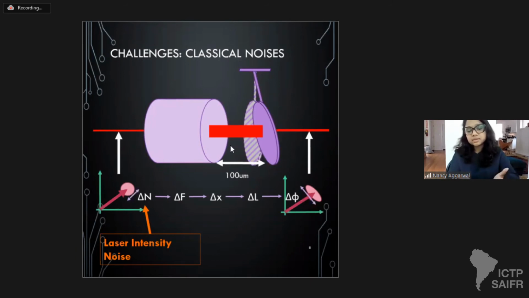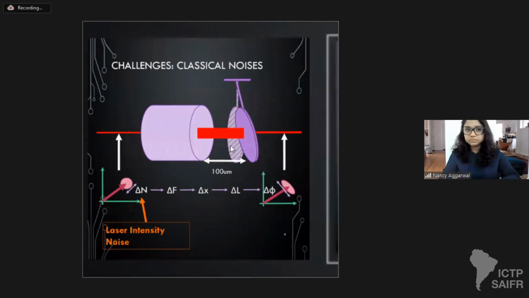This tells us why these other experiments were working at cryogenic temperatures, because they wanted to lower the thermal background, or why they were working at high frequencies, because you have less laser noise and less thermal noise at high frequencies. In this experiment, we wanted to be at low frequencies because we need to make something for gravitational wave detectors. That means we had to design something that could work despite the existence of these noises at room temperature. So that's the introduction.